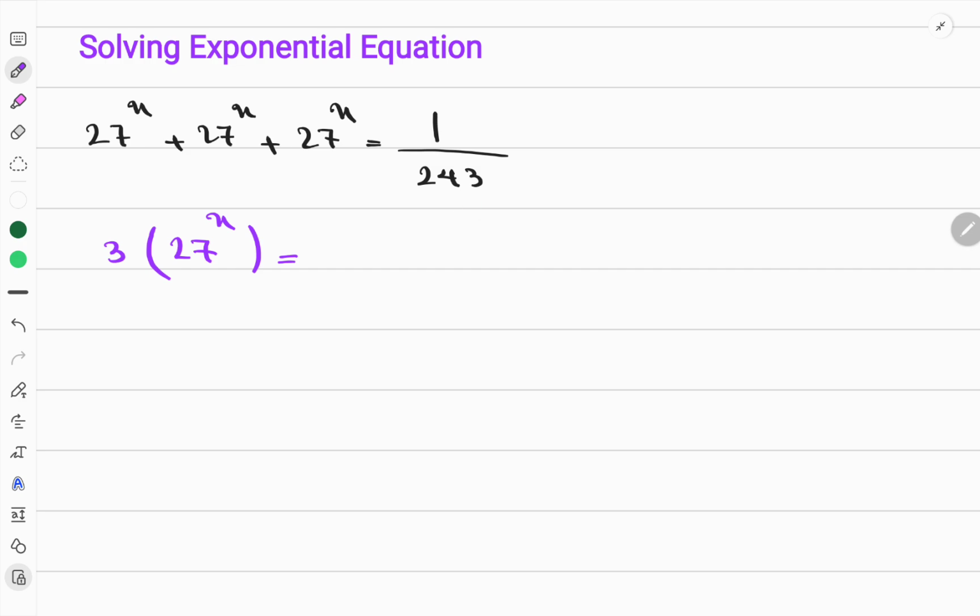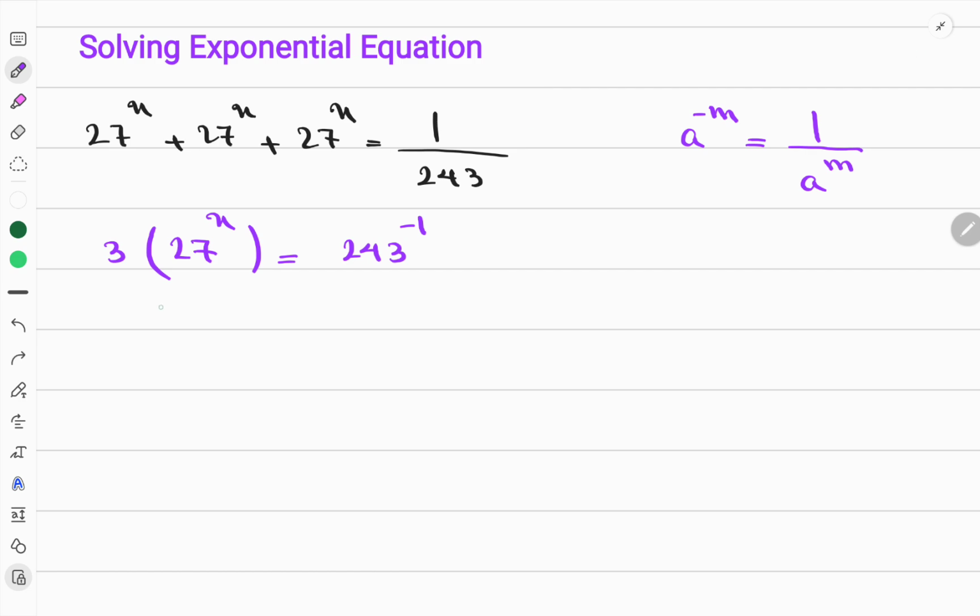According to the negative exponent rule, when we have a to the power of negative m, we can rewrite it as 1 over a to the power of m. So we can rewrite 1 over 243 as 243 to the power of negative 1. In fact, we should reciprocal the fraction, which gives you 243, and then the power is 1, and you should change the sign, which gives you the opposite sign, negative 1.